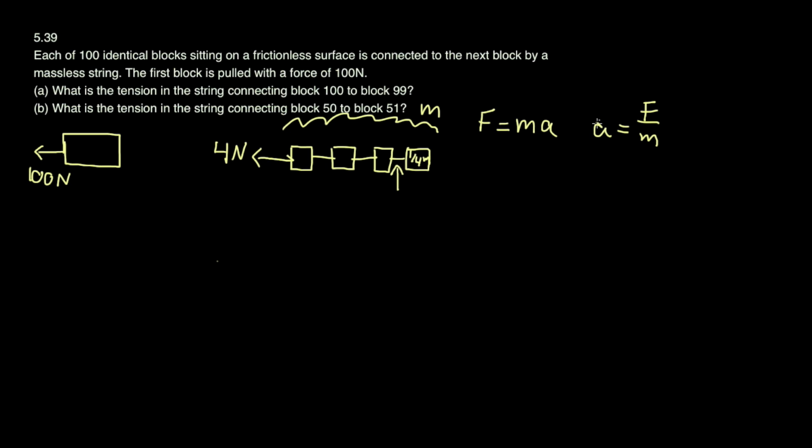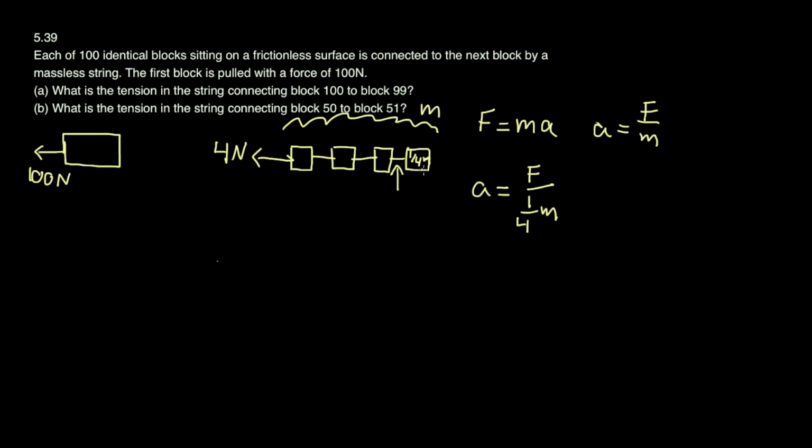And we know that the acceleration of the system has to be all the same. So the acceleration of this last block has to be equal to the tension in this last part of the string over 1/4 of the mass, because that's all this string is pulling, right?